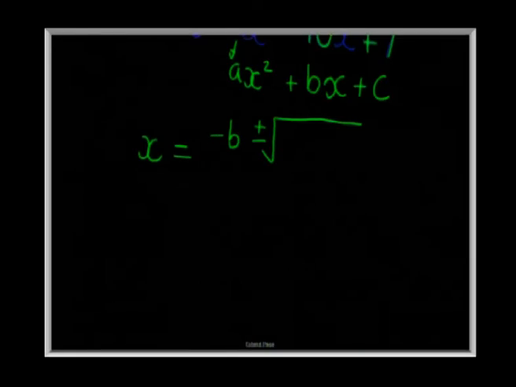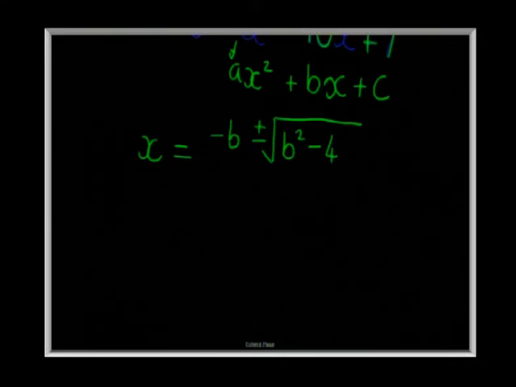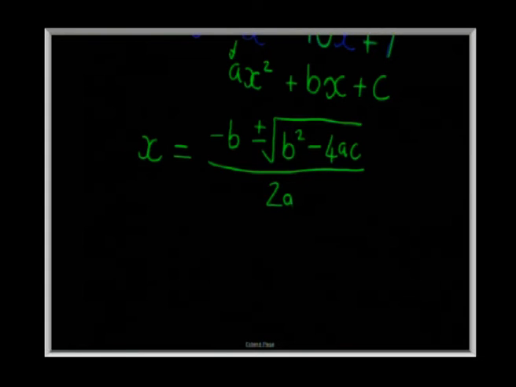Let's go back to substitution. Minus b plus minus the square root of b squared minus 4ac, over 2a. Now we said that our a value, well, let's start with the b, seeing as it's first.